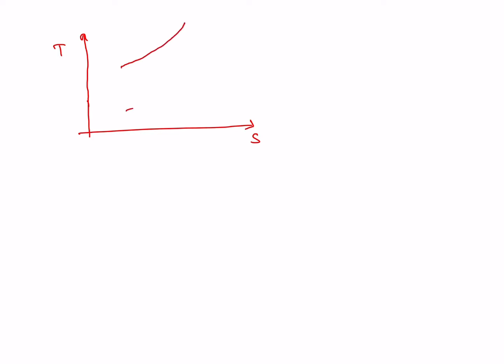Constant pressure, 1 to 2, then 2 to 3 constant pressure, 4 to 1 also constant pressure. 1 to 2 is isentropic, 3 to 4 also isentropic. So you can calculate the T2 value.